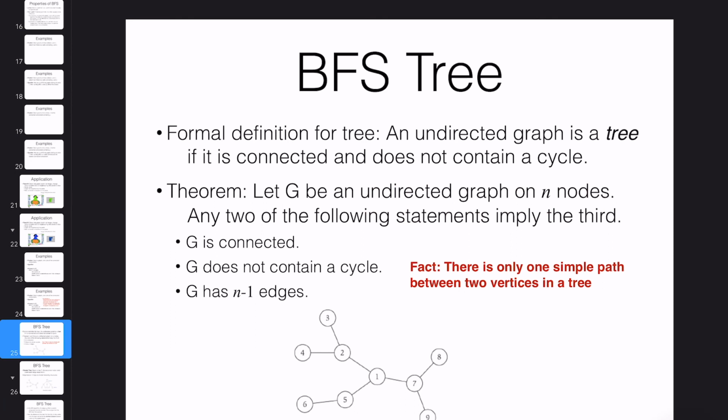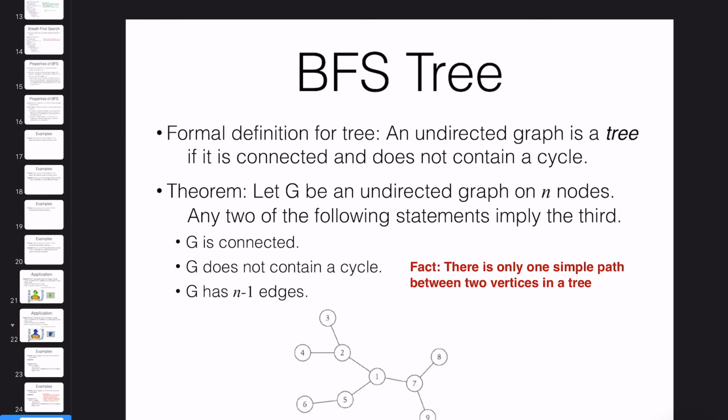For some of the problems that we are going to solve, we need some more definitions that depend on the BFS. When we run the BFS over the graph, it will in fact give us a tree.